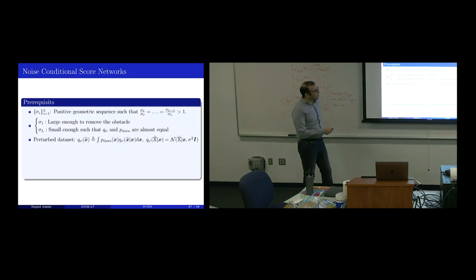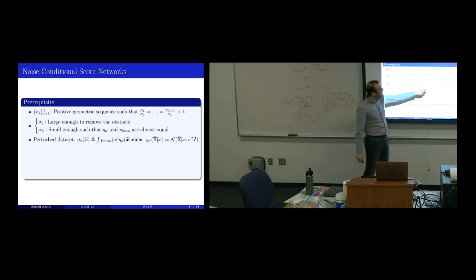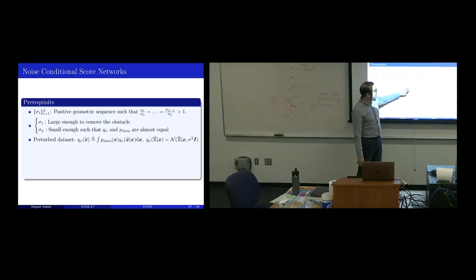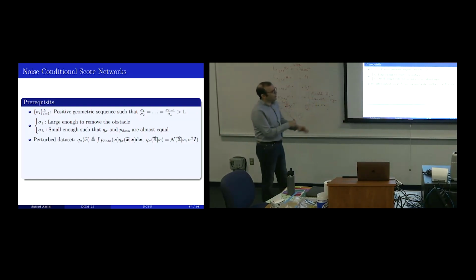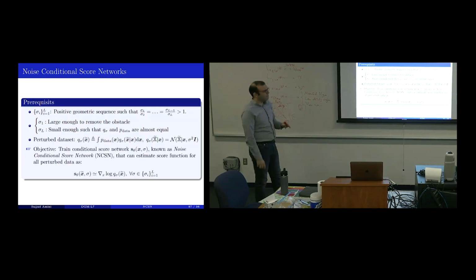So what happened next? You start to generate the noisy version of the dataset. We know that using each of these sigma values, I can generate a new dataset, which is a noisy version of the true dataset, and the new distribution for that dataset is something like this. With sigma 1, I have the most noisy version, and with sigma L, I have the nearest distribution to my original data distribution.